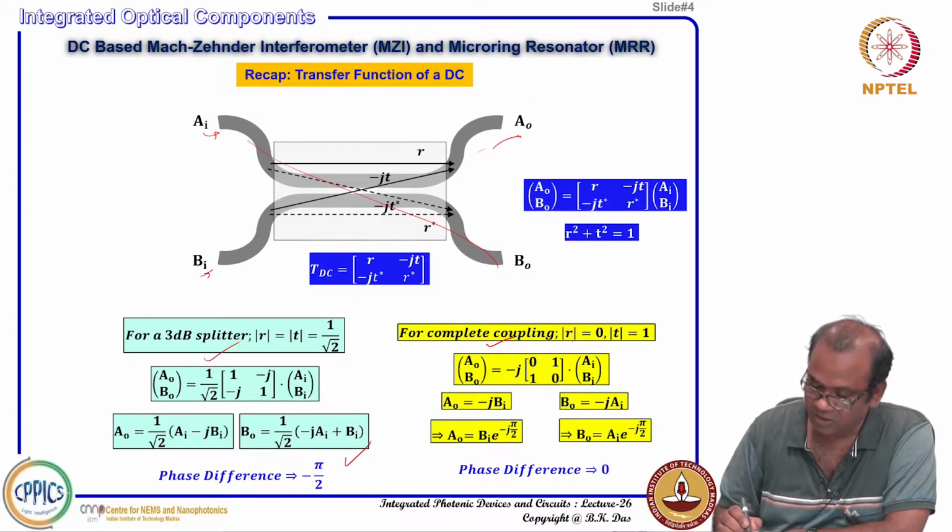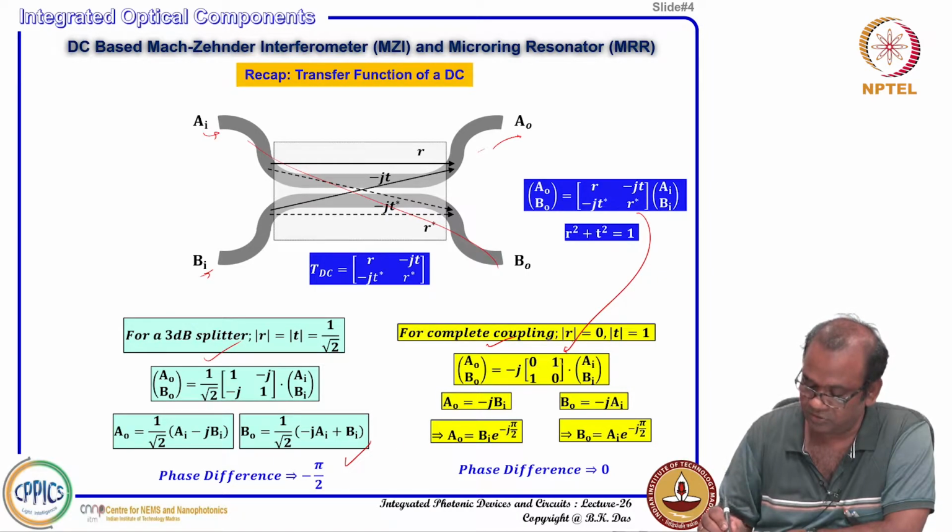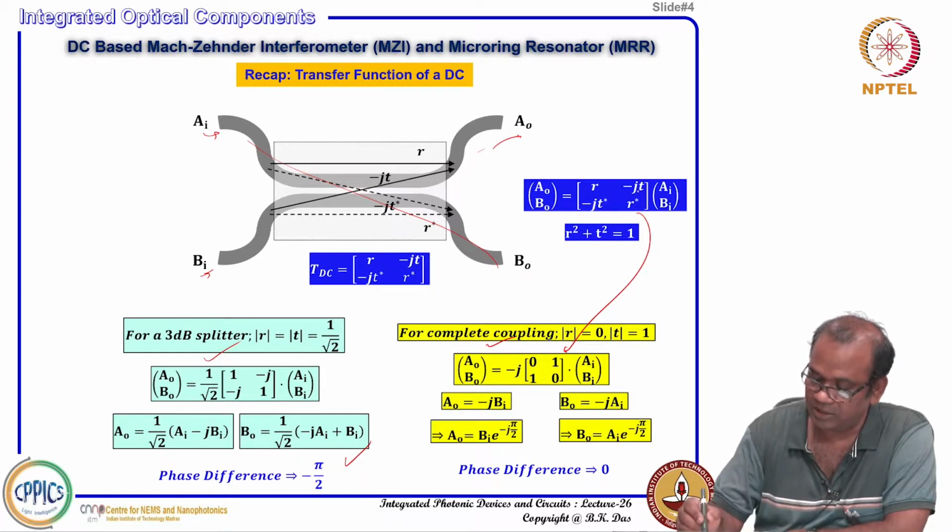In that case your transfer matrix can be written as minus j times 0 1 1 0. Only the off diagonal elements will be there, T equal to 1, T star equal to 1, R equal to 0, R star equal to 0.